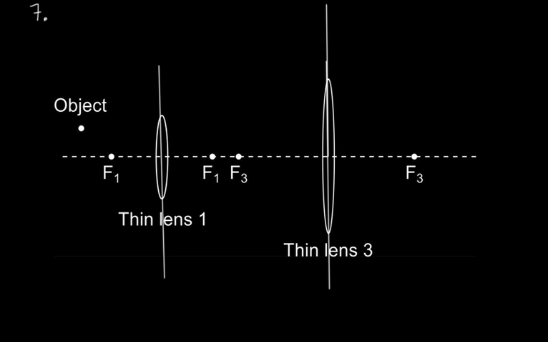And now we can trace out our principal rays. So the first principal ray travels parallel to the axis and then goes through the focal point. And as this is the same lens, we should get the image formed in exactly the same place as we did last time.